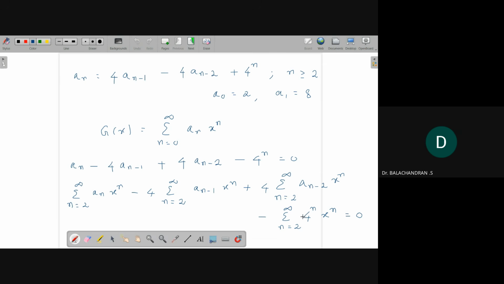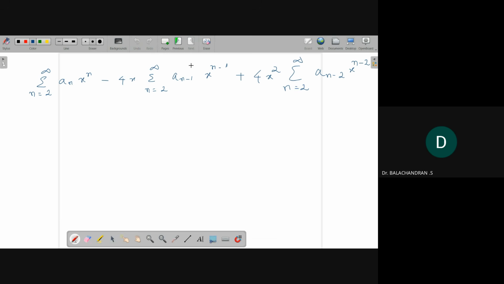And then summation, if we substitute 2, we'll get 4x whole square, and then 4x whole cube, and so on, plus dot dot dot equal to 0.